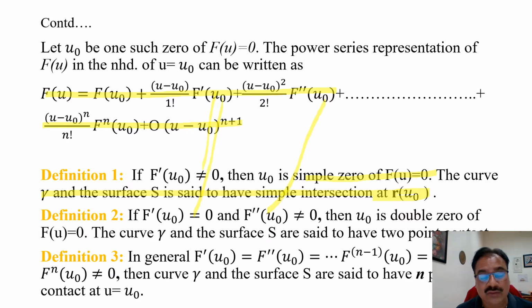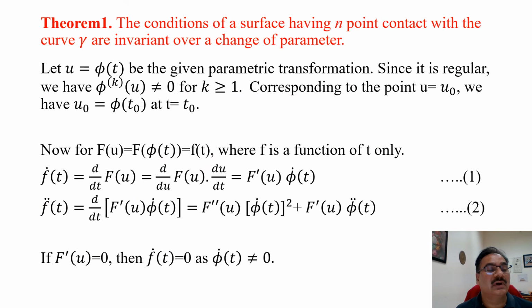If f'(u naught) = f''(u naught) = ... = f^(n-1)(u naught) = 0, and f^(n)(u naught) is non-zero, one higher order derivative being non-zero, then the curve gamma and the surface S are said to have n-point contact at u = u naught.